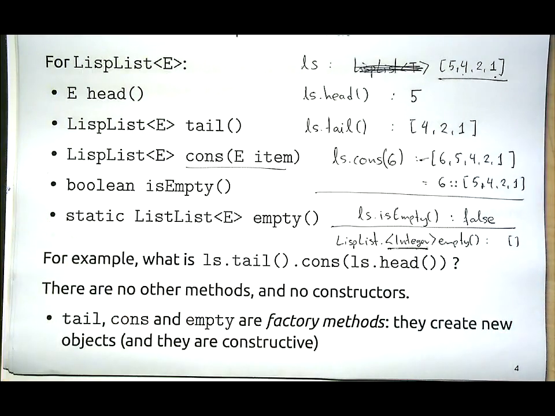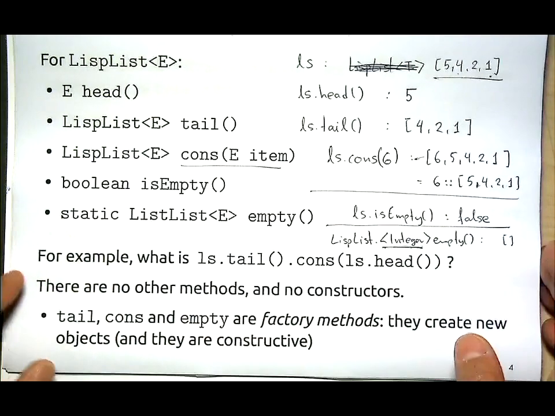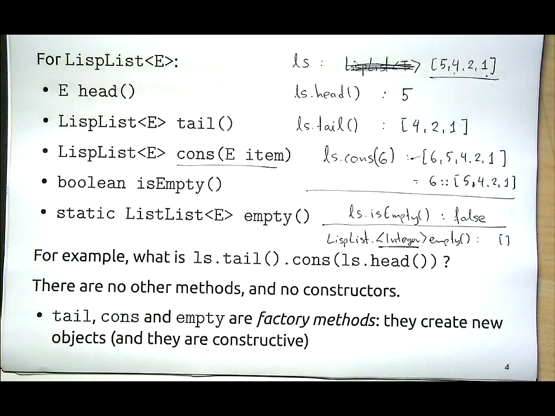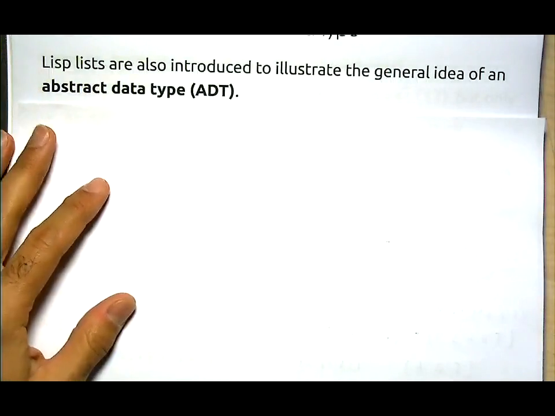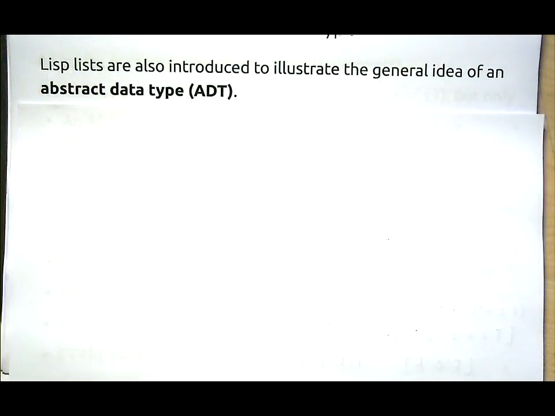Now that I've given the description of list, this, in a sense, is a full description of what this data type does. And we introduced this list in order to also introduce the idea of an abstract data type. If you look at the exercise afterwards, you get some class files, but you don't get the code.